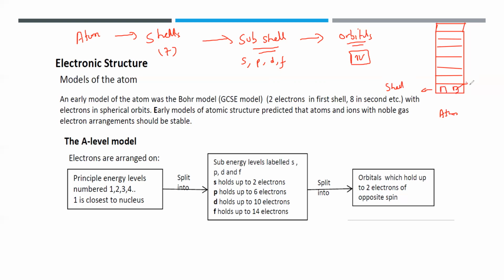These apartments represent subshells, and inside each apartment there are rooms. These rooms represent orbitals. Is the concept clear, that the whole atom is like a building? The floor is the shell, each floor has apartments, which are the subshells, and these subshells have orbitals, which we call rooms.